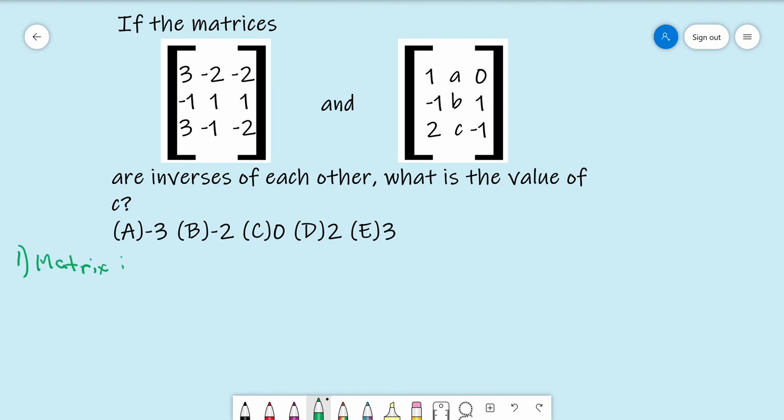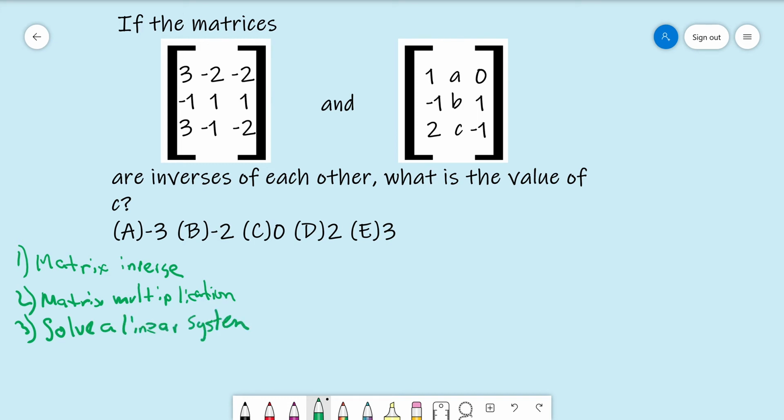So it checks if you know what it means for matrices to be inverses of each other. 2, it checks your knowledge about matrix multiplication, so that you know how to multiply matrices. And 3, it checks if you know how to solve a linear system. Okay, so you have to do all three of these in order to solve this problem.